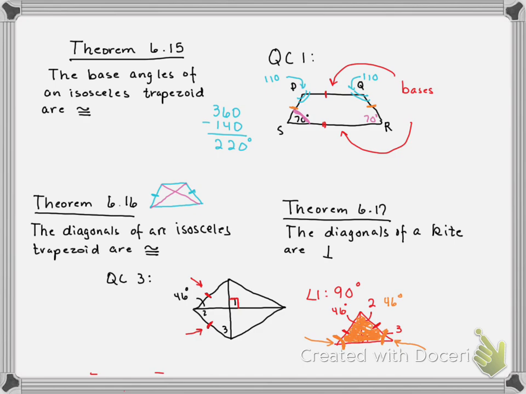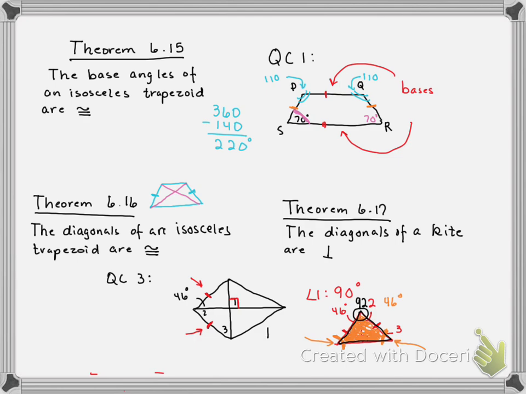Okay? So if angle 2 measures 46 degrees, that whole angle at the top there is 46 plus 46, which is 92. Okay, so angle 2 is 46, making the vertex angle of this whole big triangle 92 degrees.